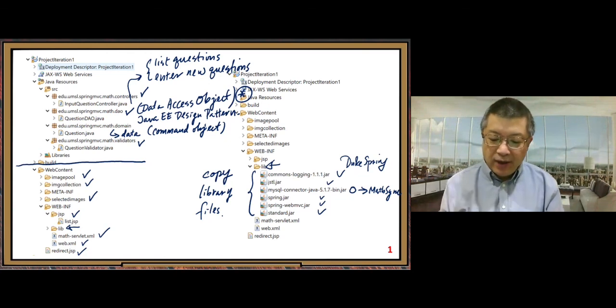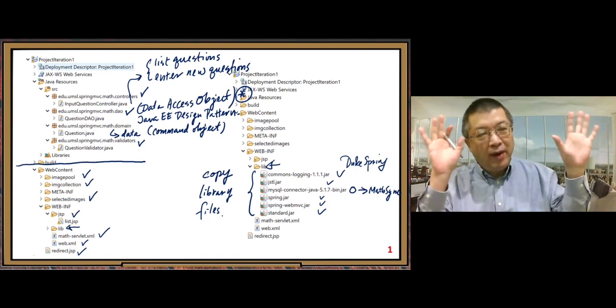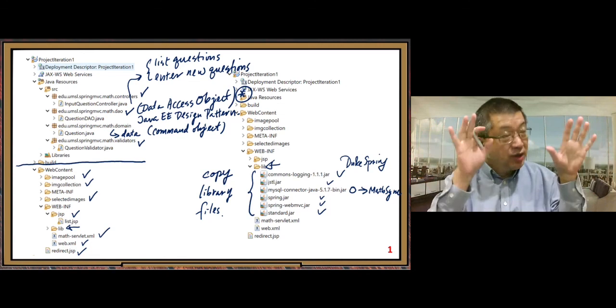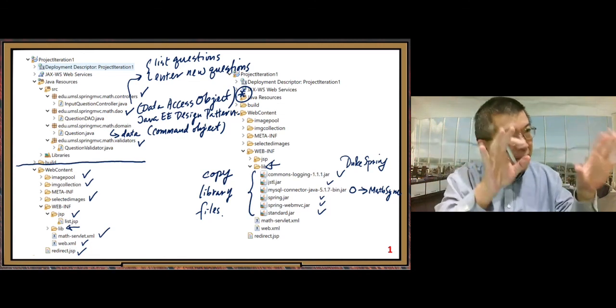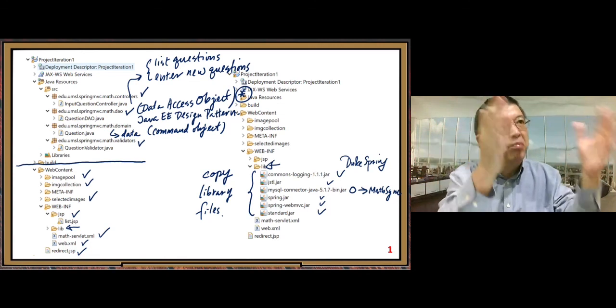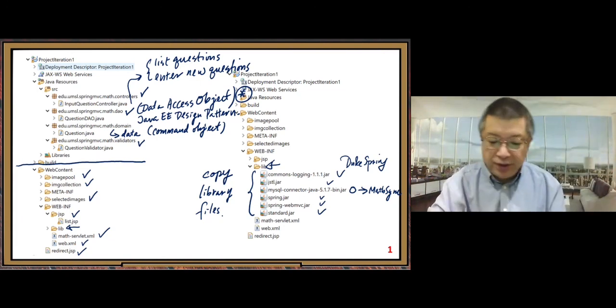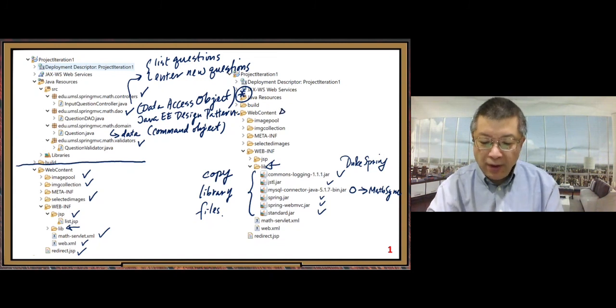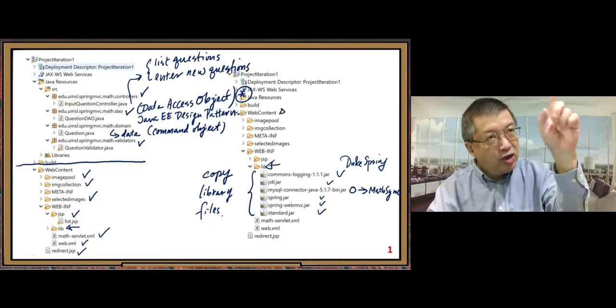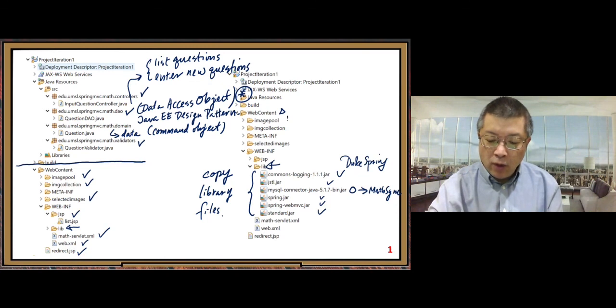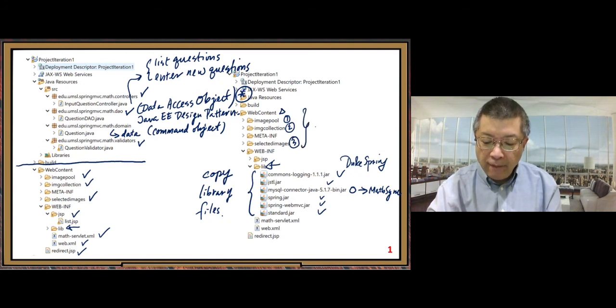Other parts we will do one by one later. In this second video, we just do the simplest preparation. Another thing you need to do, under this web content node, is copy 3 image folders, 1, 2, 3, from math sync.